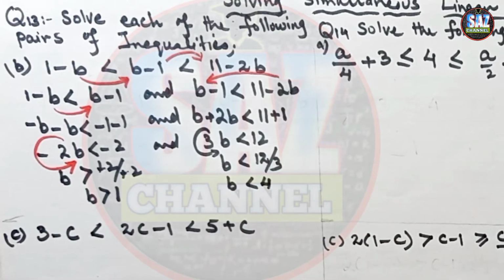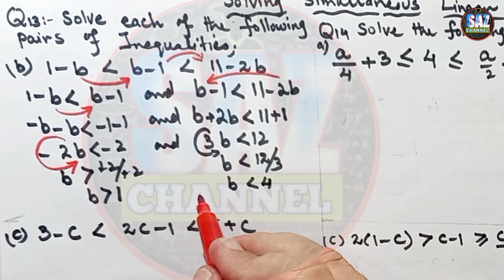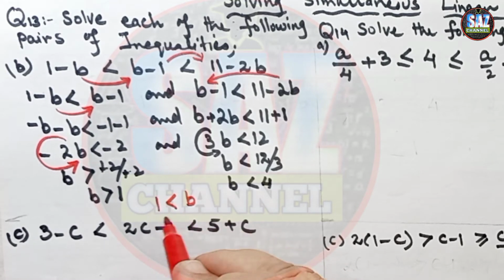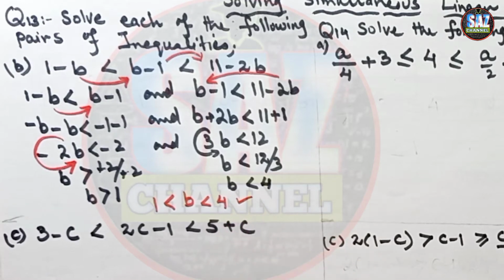Now I have to write the interval that can satisfy both conditions, b greater than 1 and b less than 4. So b greater than 1 but less than 4, this will be the range of values of b which will satisfy both inequalities.